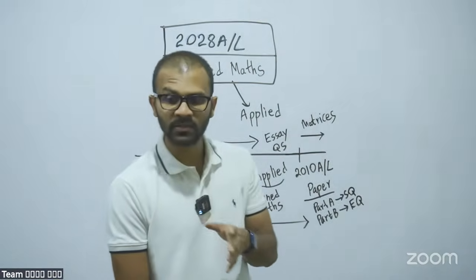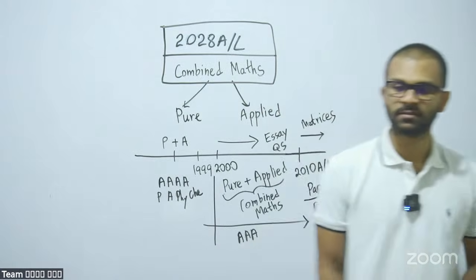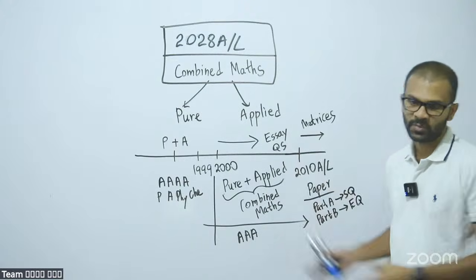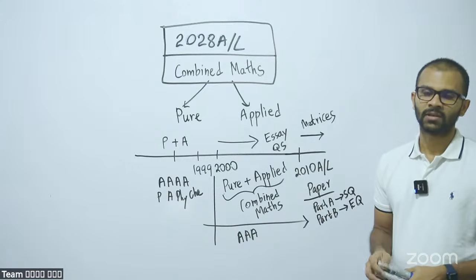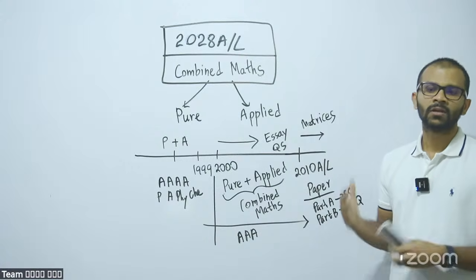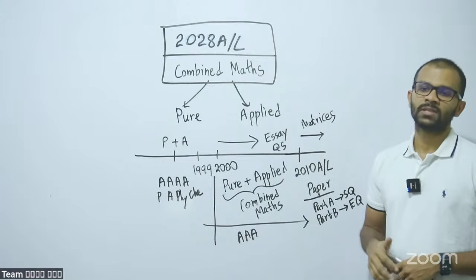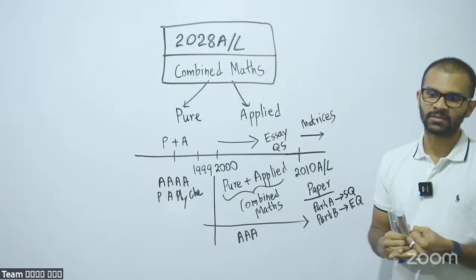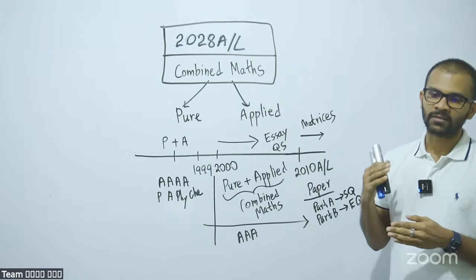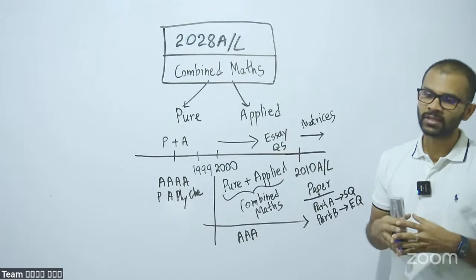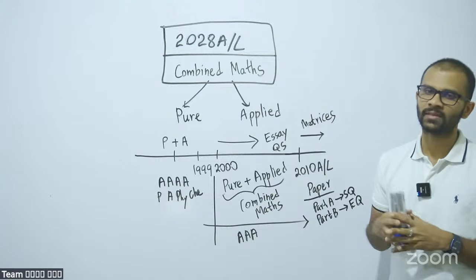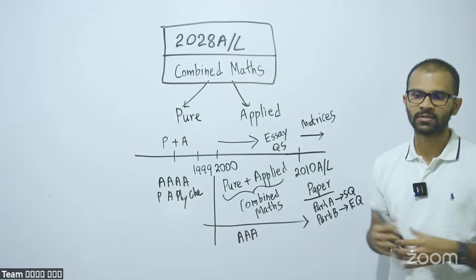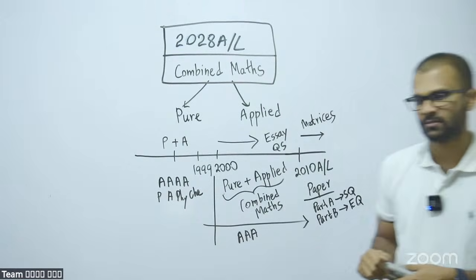And we have two parts, pure and applied mathematics. First part is pure mathematics, second part is applied mathematics. Before 1999, there were two parts, pure mathematics and applied mathematics. And after 2000, they combine the pure part and the applied part into one single subject, which is called combined mathematics. Samyukta Ganita, combined mathematics, right?